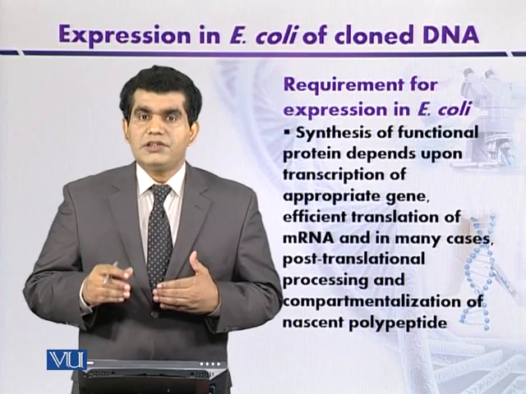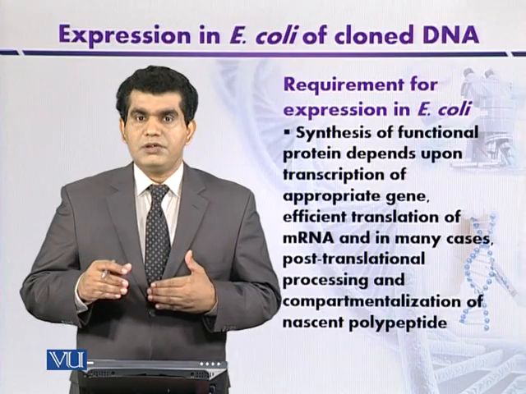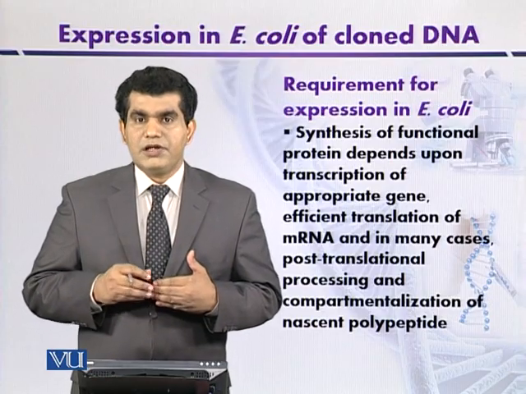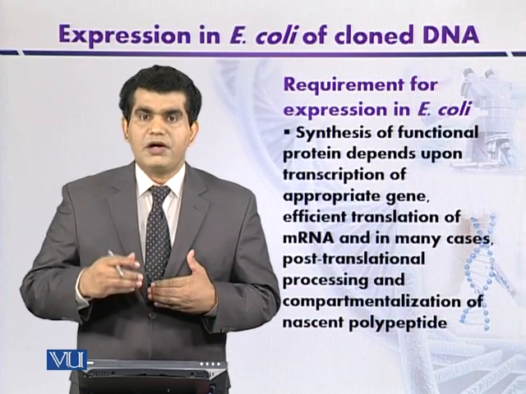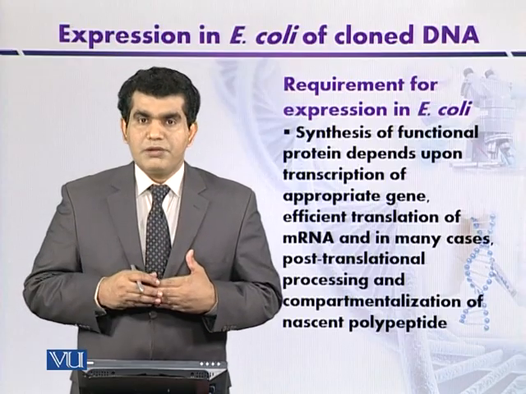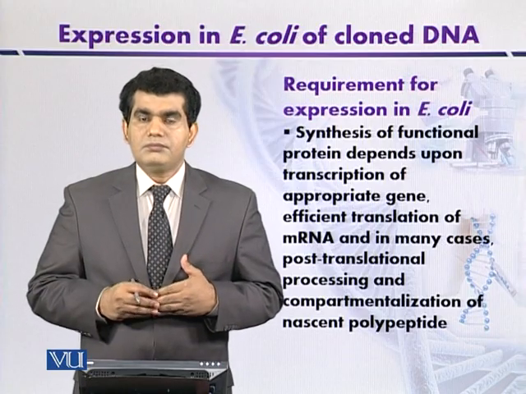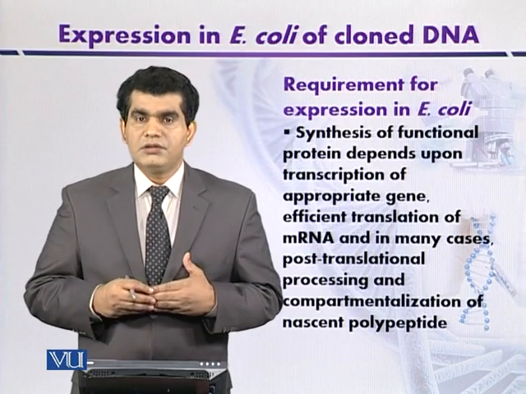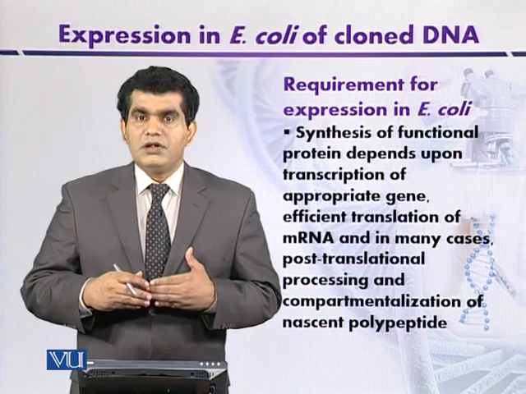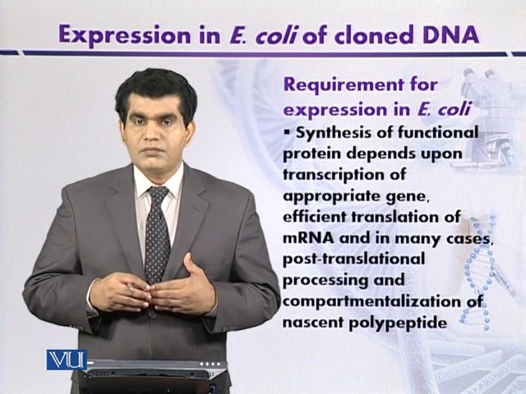And this Shine-Dalgarno sequence is complementary to the 3' end of the 16S ribosomal RNA, so that they can bind on the ribosome around the position of the AUG codon. And after binding, the process of protein synthesis can take place.